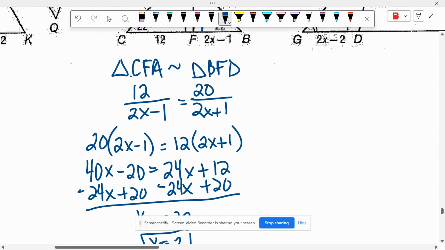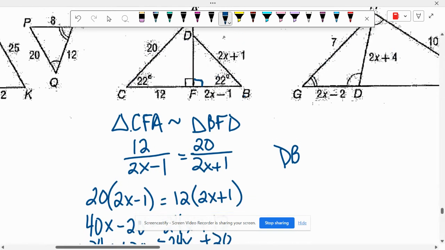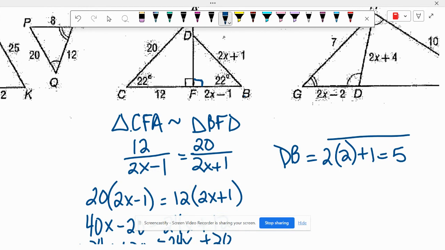So what is the measure of DB? So 2x plus 1. Well, that's 2 times 2 plus 1, which is what? 5. We also have to find the measure of CB. CB is the whole side.